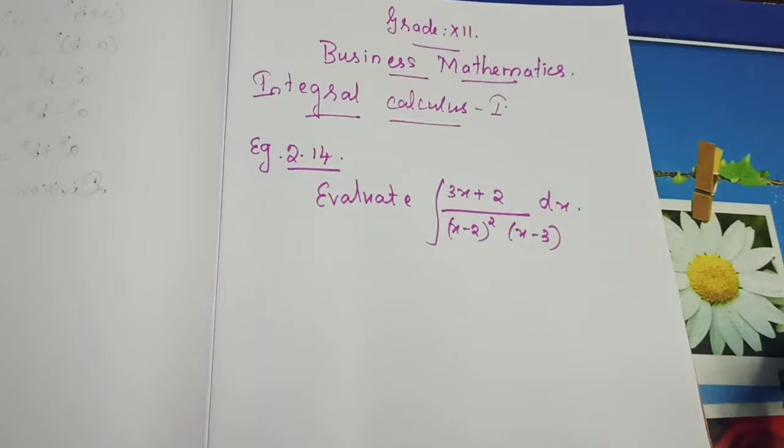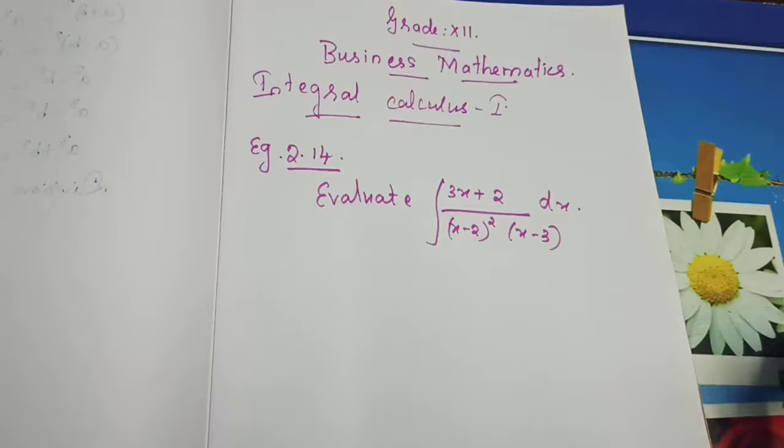I hope you went through that and are now well thorough in it. In example 2.13, we did the question using type 1 partial fraction. This one is type 2. Next we are going to learn type 3 also.